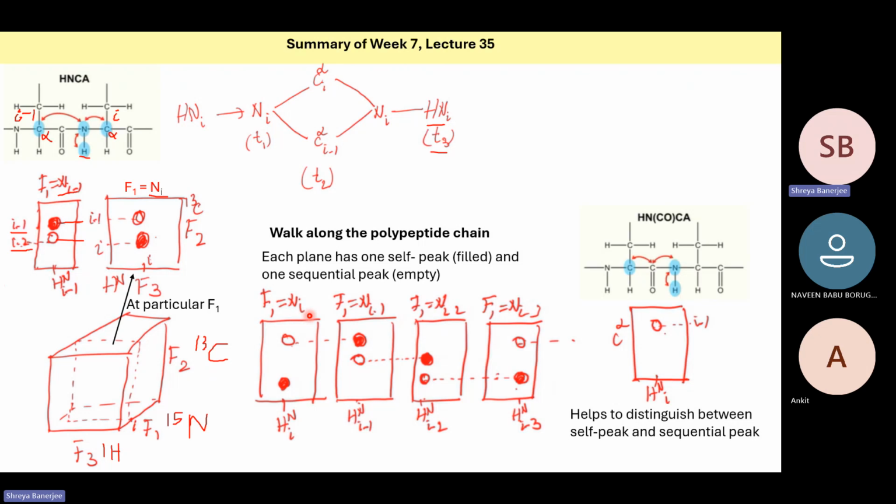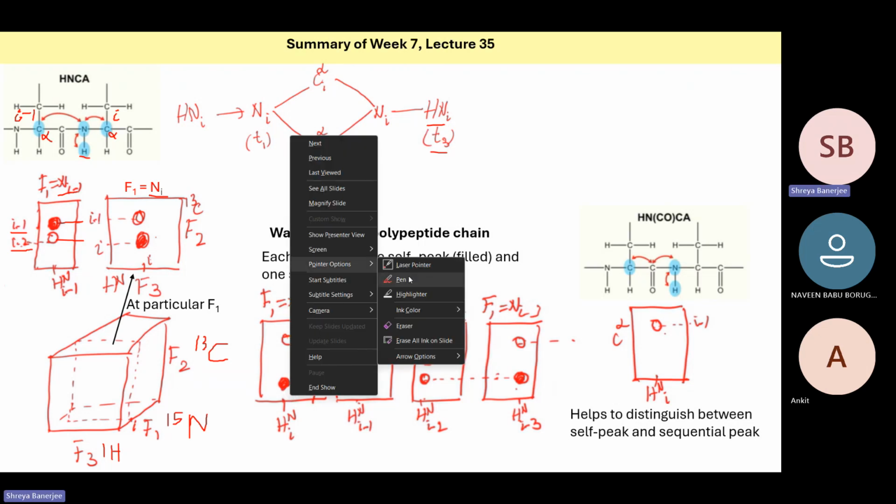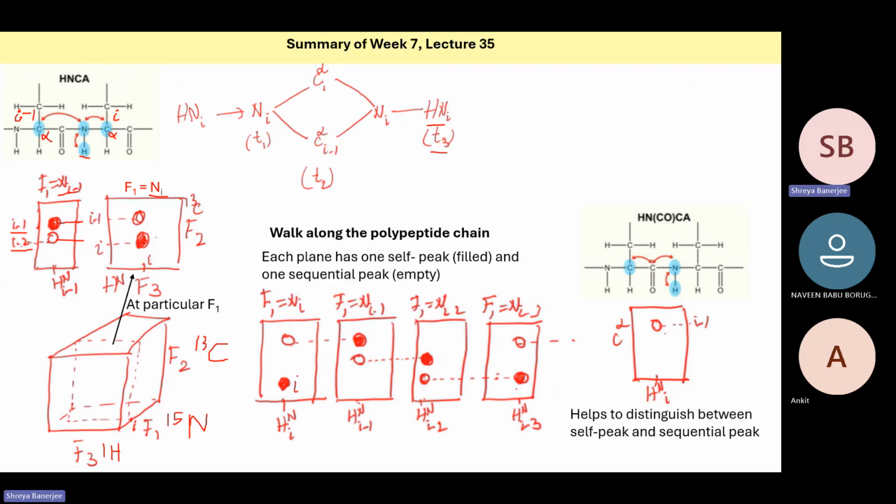So in the I plane, this peak corresponds to I, this peak corresponds to I-1. So if you draw a line from the I-1 cross peak, that will lead you to the self peak of I-1.